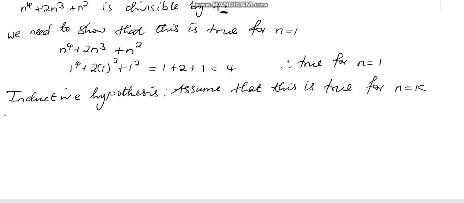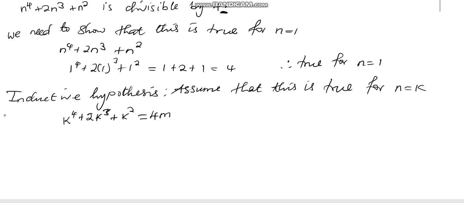Meaning that in the expression in the question, everywhere there's n, we substitute k, then we equate it to 4m. So we have k to the power 4 plus 2k to the power 3 plus k squared is equal to 4m.